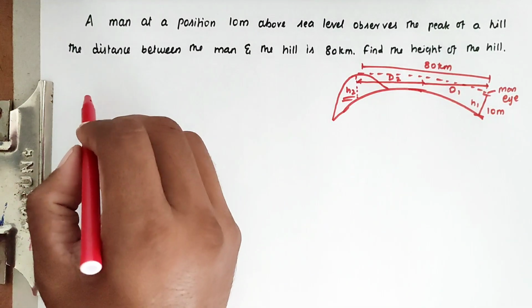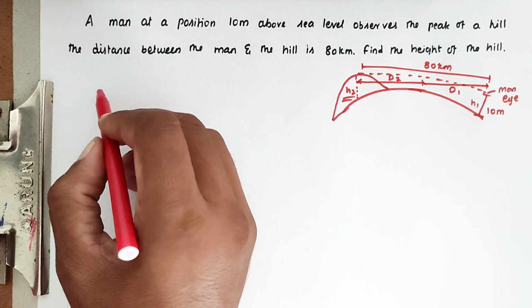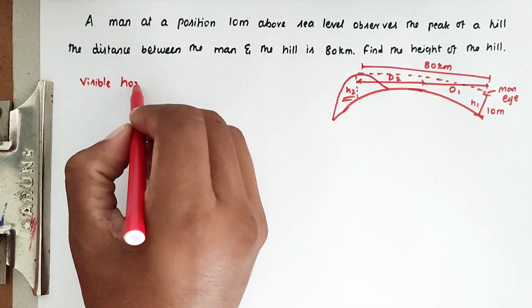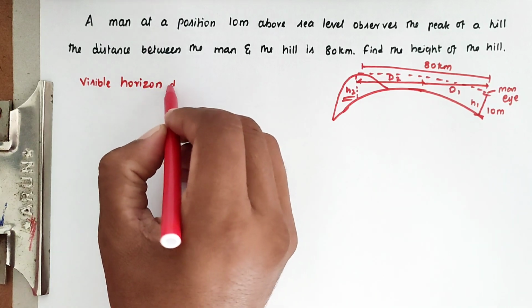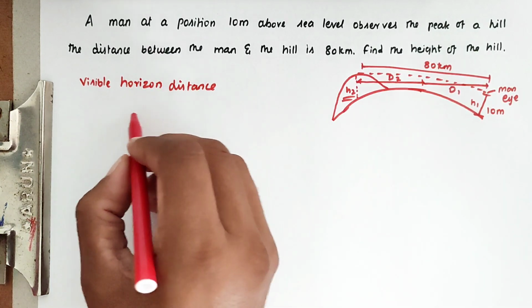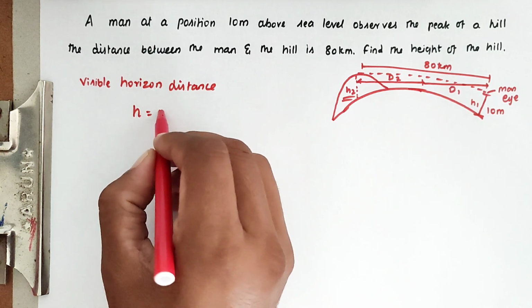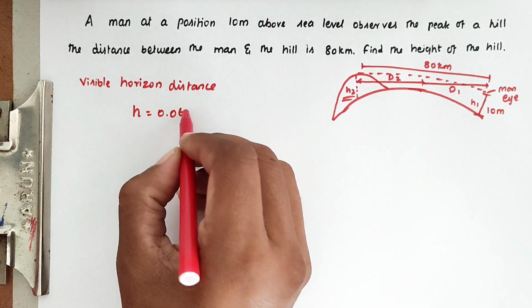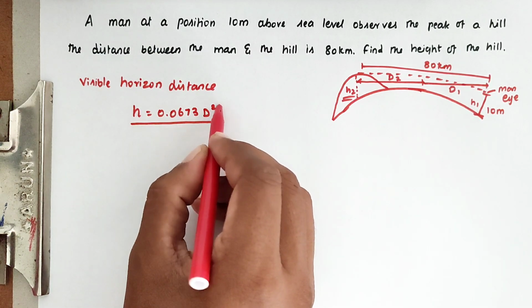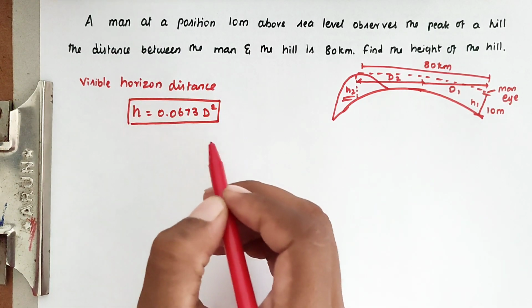Now the relation for the visible horizon distance: h equals 0.0673 d squared. This is the formula we can use for visible horizon distance.